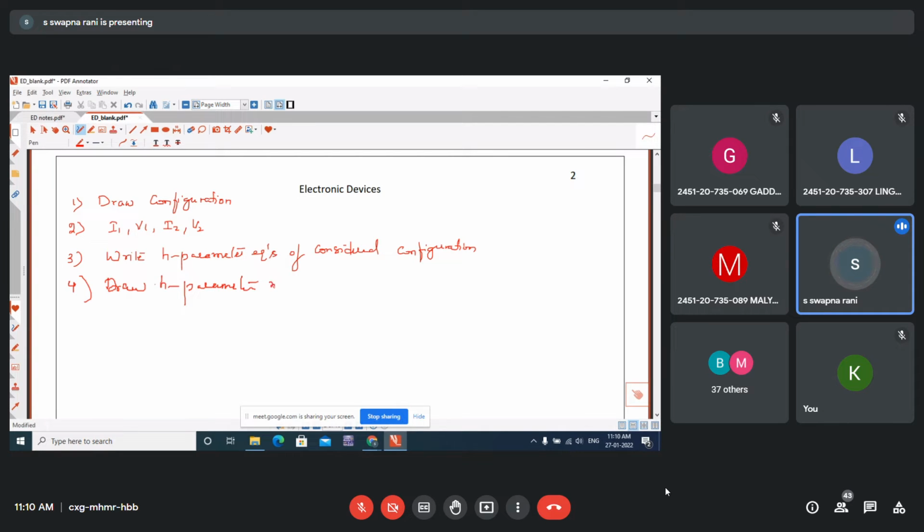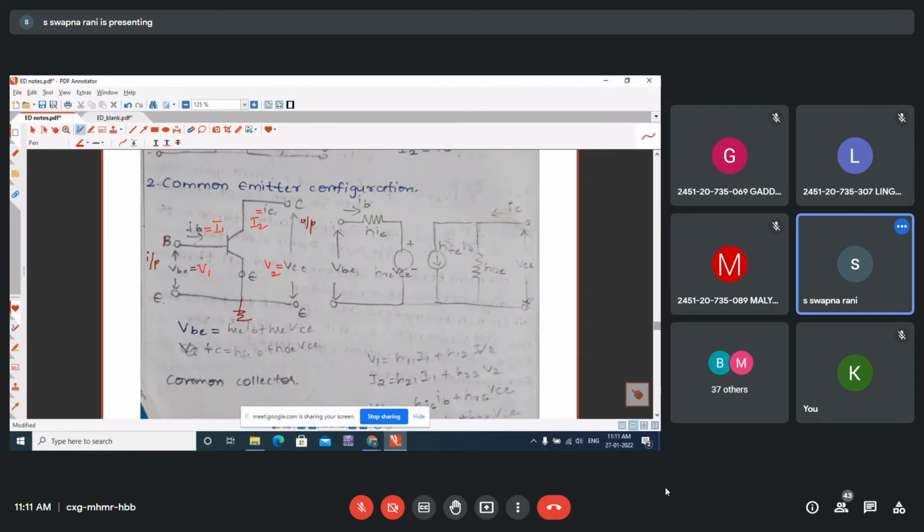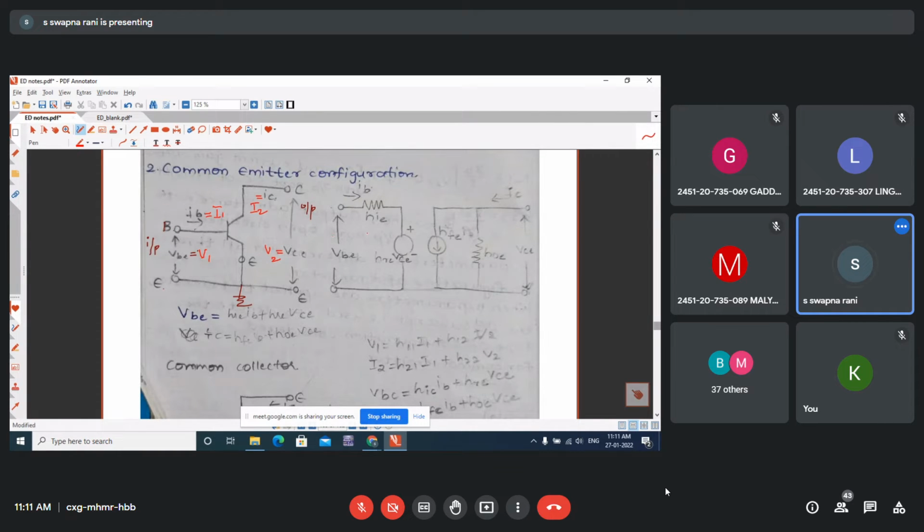So like that, if you practice, then once you become perfect, you can directly draw the last H parameter model. But don't practice the last model directly. If you follow these steps, then you will get perfect in drawing the H parameter model. The components are the same.